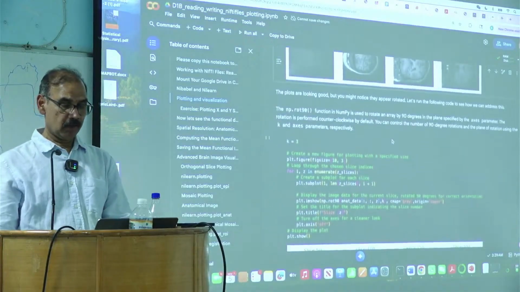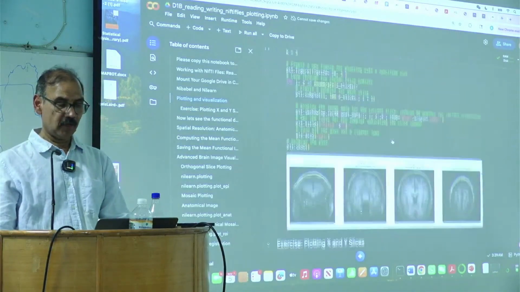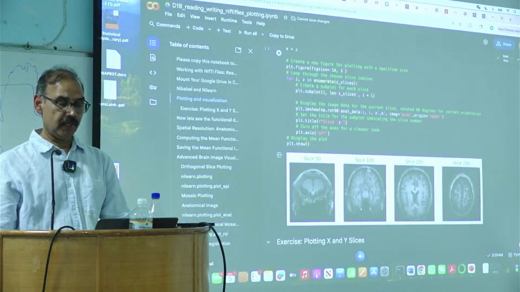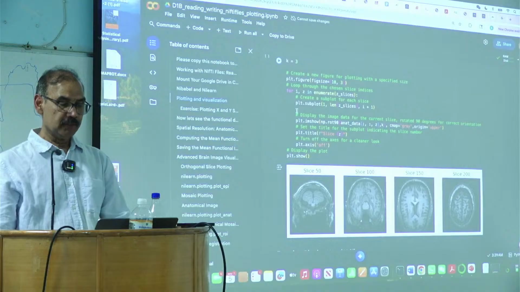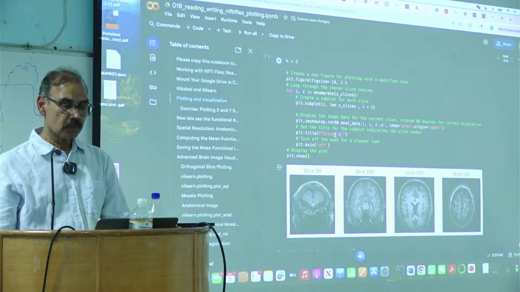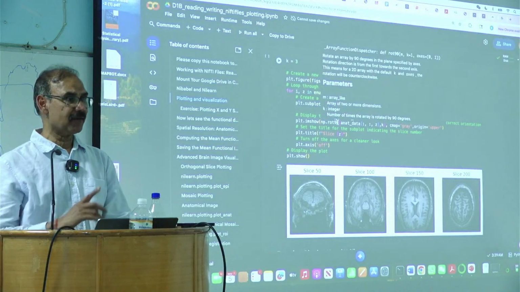Okay, now this is the anatomical, this is to rotate. Someone had asked this question about rotate 90. Did anyone try any other angle?